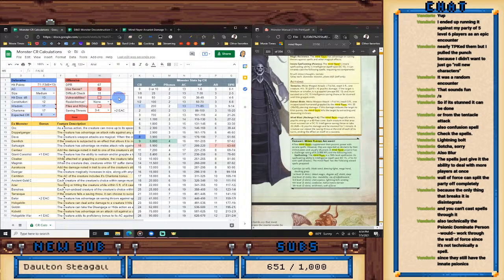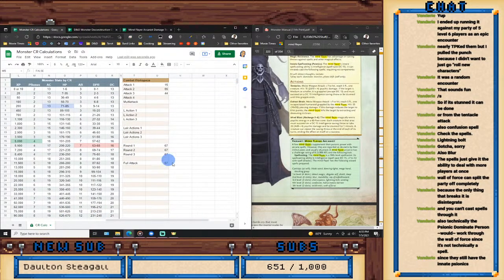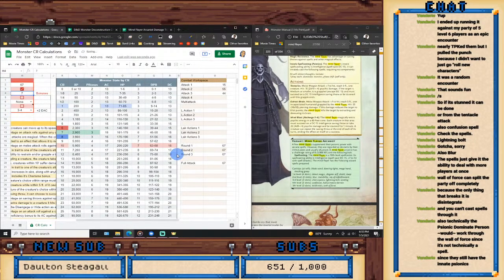More than likely, if you're not using the Lightning Bolts and you're just focusing on all of the other crowd control spells, but still using shield all the time or blur and invisibility in some combination, then the Mind Flayer Arcanist is going to still be that CR 8 as printed. So it really depends. If you're using Lightning Bolts at its most damaging points, then yeah, this is going to be a pretty nasty Arcanist.